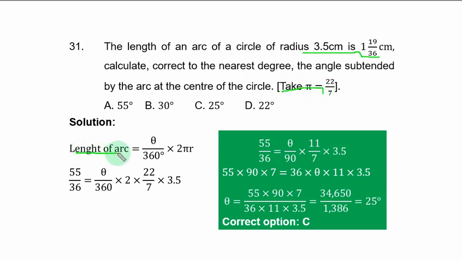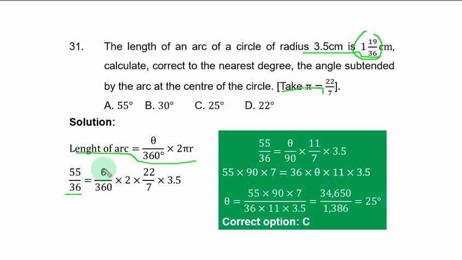This is the length of arc formula. In the question, the length of arc is given as a mixed fraction. If you convert it to an improper fraction, you have 55/36.